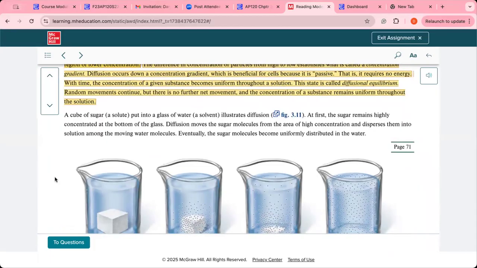With time, the concentration of a given substance becomes uniform throughout a solution. This state is called diffusional equilibrium. Random movements continue, but there is no further net movement, and the concentration of a substance remains uniform throughout the solution. Okay. Then it talks about the diffusion of sugar through water. Keep going.